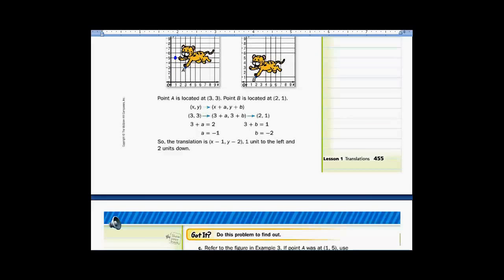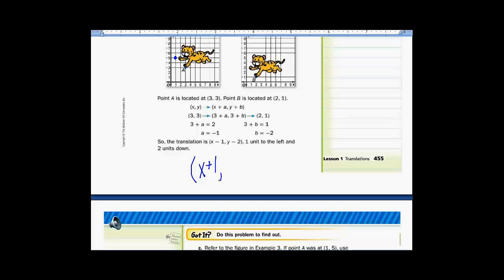What would it be? What's the translation notation to get to point B now? So it used to be at 1. Let's do the x's first. Used to be at 1. You know it's going which way? It used to be at 1. It's now at 2. So what did we do? We moved to the right 1 time. So we'd have to add 1.